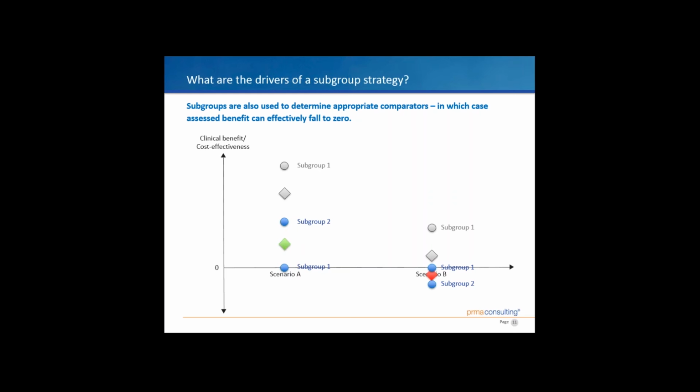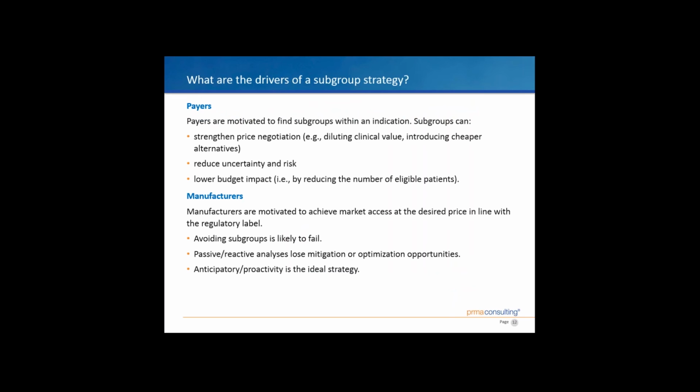And we see this time and again in some agencies. Subgroup 1, excellent cost effectiveness, excellent clinical benefit. There's a determination that in that subgroup, the treatment is something else. There's no data against an appropriate comparator, and the assessed benefit effectively falls to 0. And that's essentially the risk that is our starting point today for all of this work.